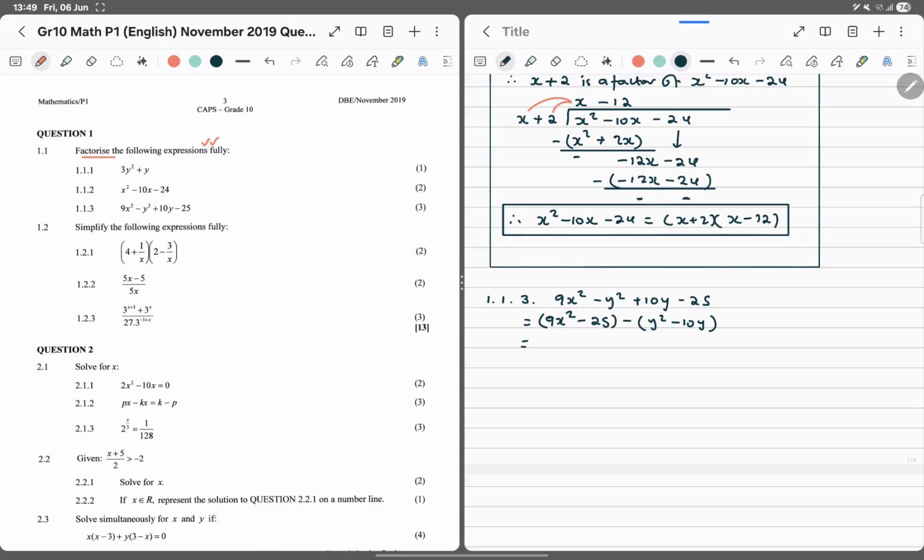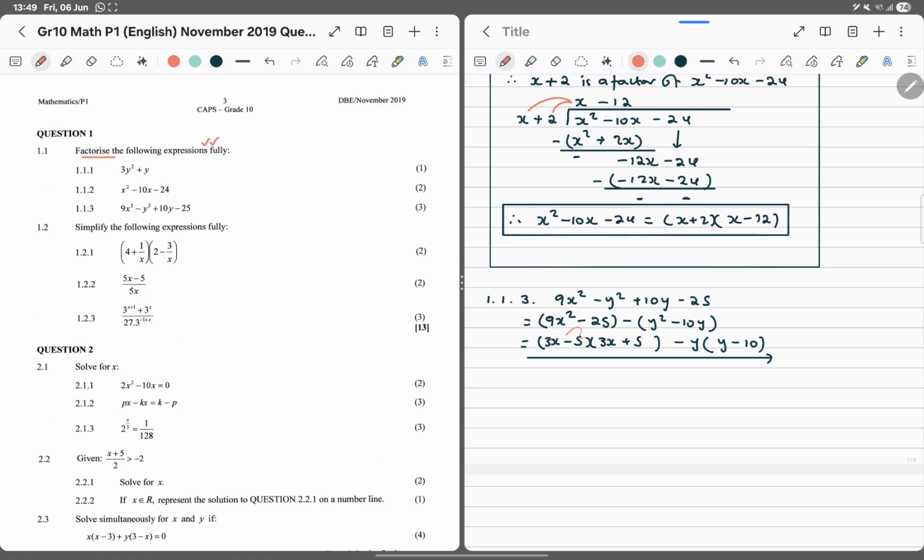In this, we know this is a difference of 2 squares, so we can factorize it. Here we can take out the highest common factor, which is y. So we remain with y minus 10. Here this is going to be 3x minus 5, 3x plus 5. And at this stage, we cannot go further than this.